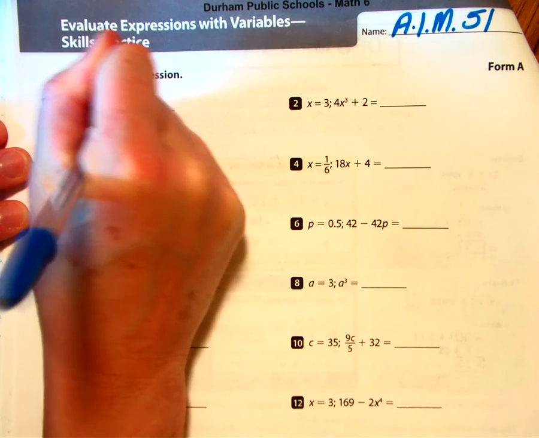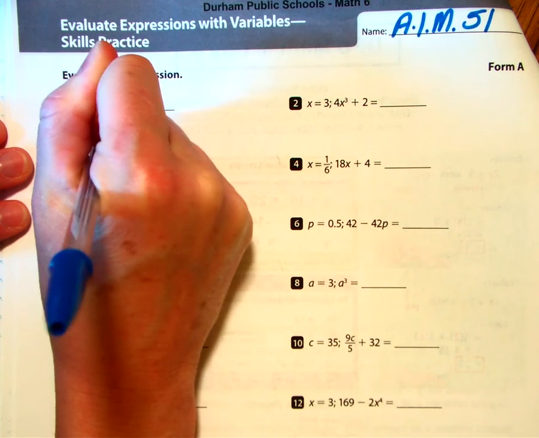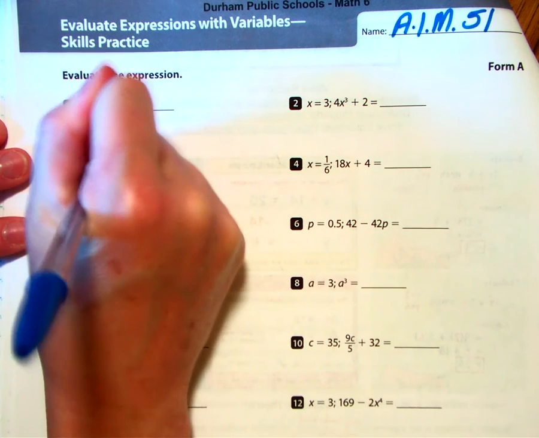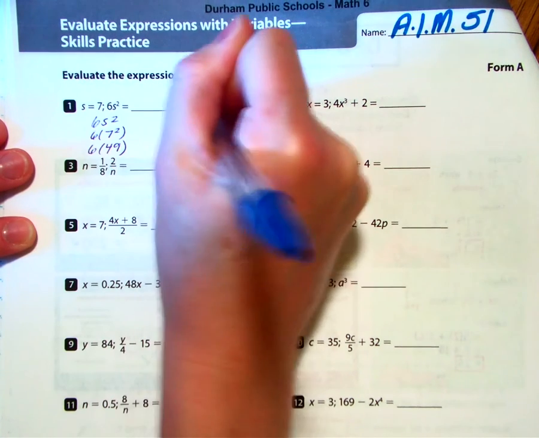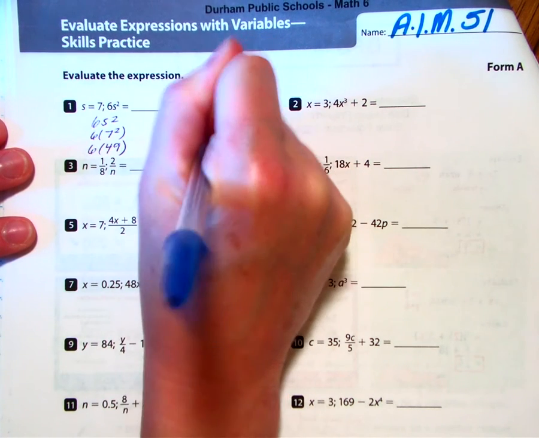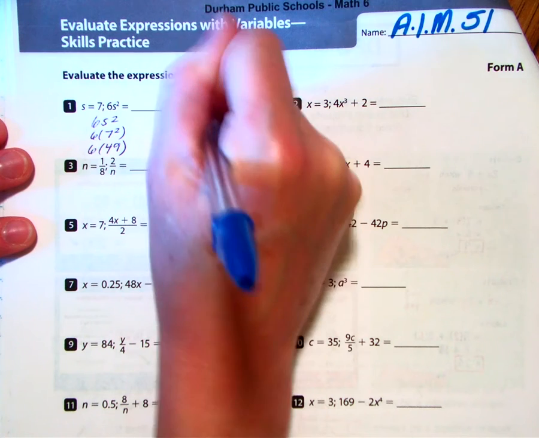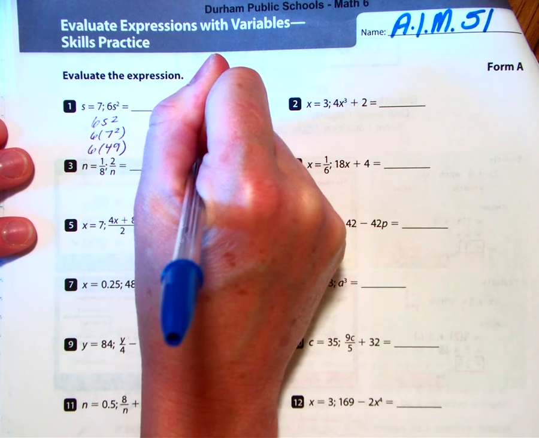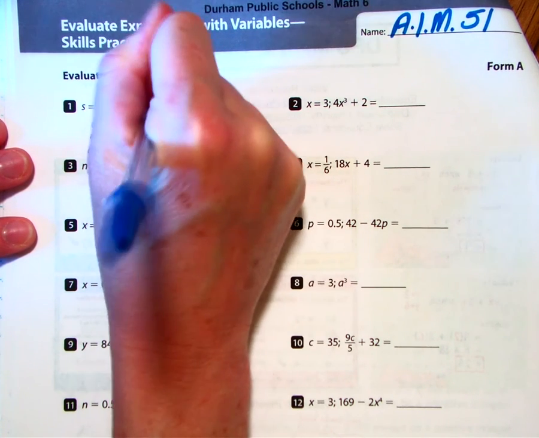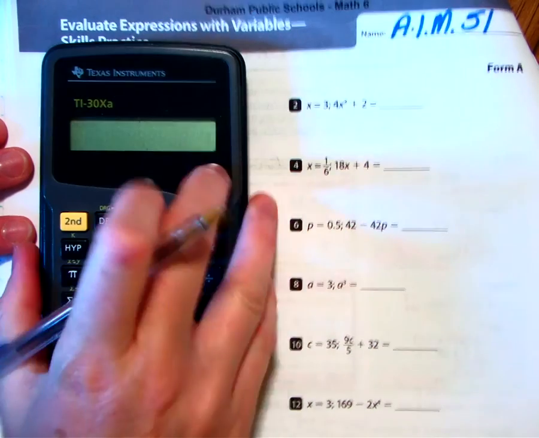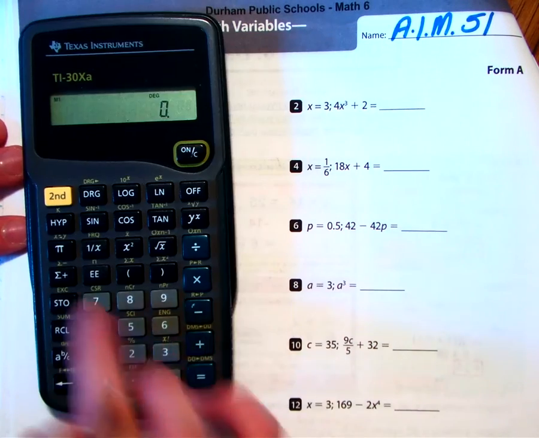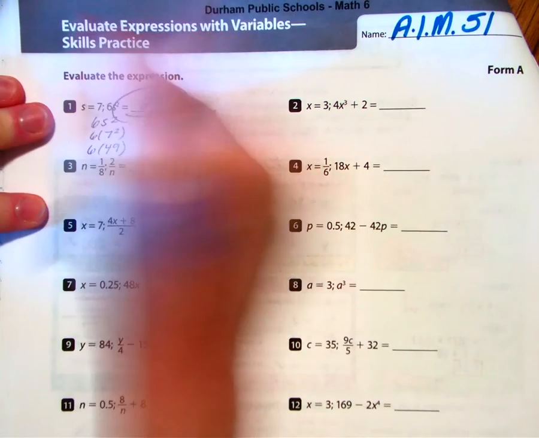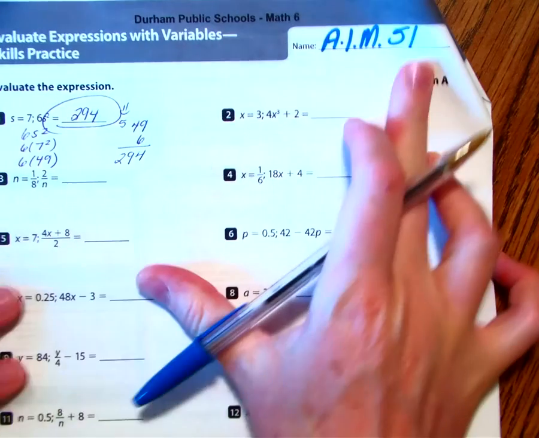For example, 6s squared becomes 7 squared, and then it'll be 6 times 49. 49 times 6 is 294. We're going to check it. We've got 7 times 7 times 6, 294. Excellent. Okay, we're going to keep going.